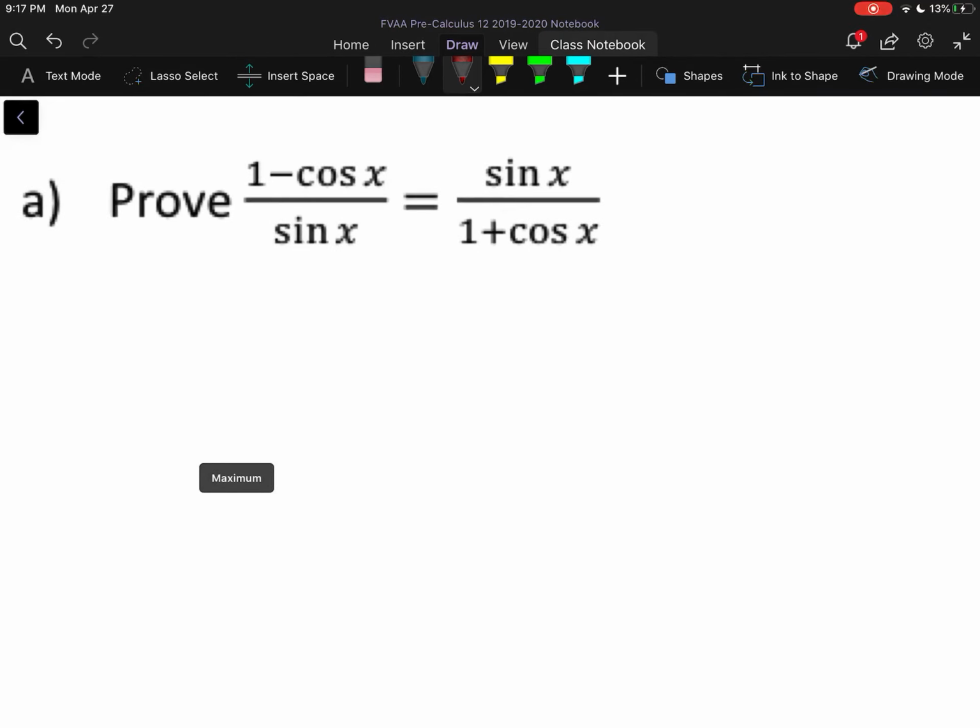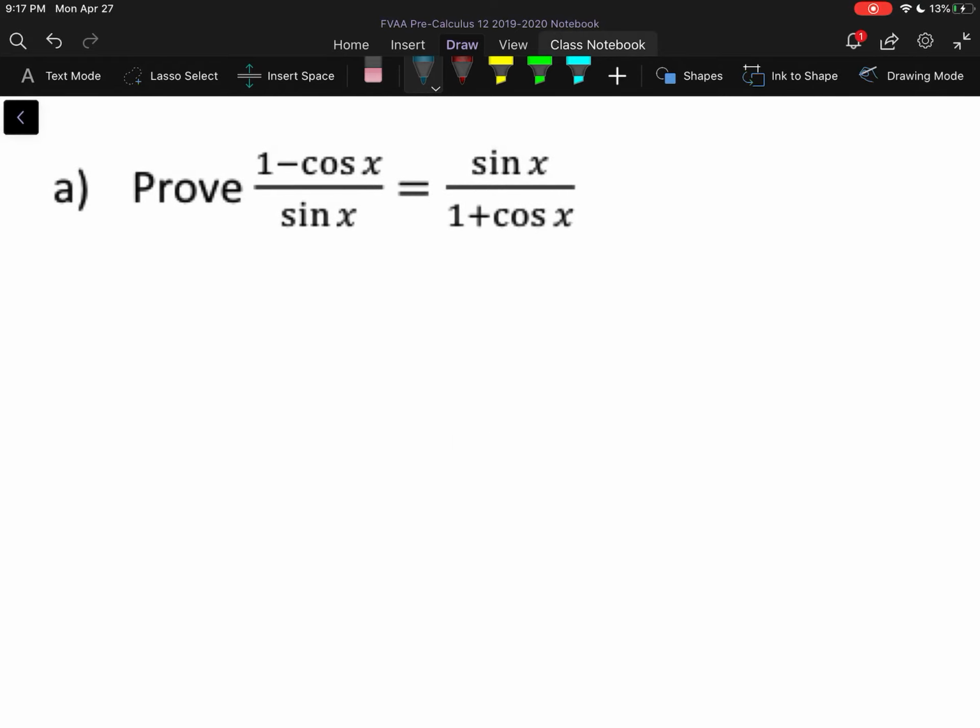Crossing things over from one side of the equal sign to the other assumes that you've already proved it, but we don't know it's true until we've proved it in the first place. So that's why we can't use those kinds of strategies. Those are off limits. Okay.